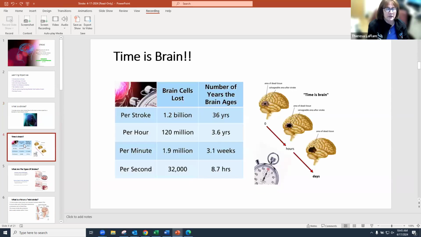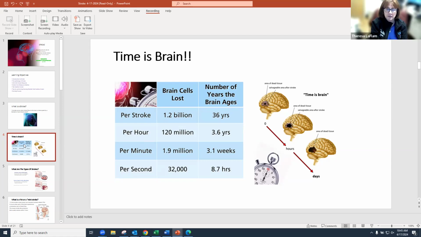Either way, whether it's a blocked stroke, which is basically ischemic, or a burst stroke, which is a hemorrhagic, we are always concerned about getting treatment to the patient quickly, because time is brain. Every single minute counts. And if you look at the slide and you see how many brain cells are lost during a stroke, we can break it down into a few different categories.